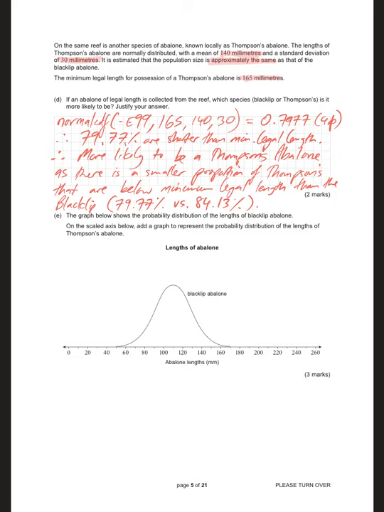The graph below shows the probability distribution of the lengths of abalone. Black lip's drawn already. I need to draw two on the same axis.